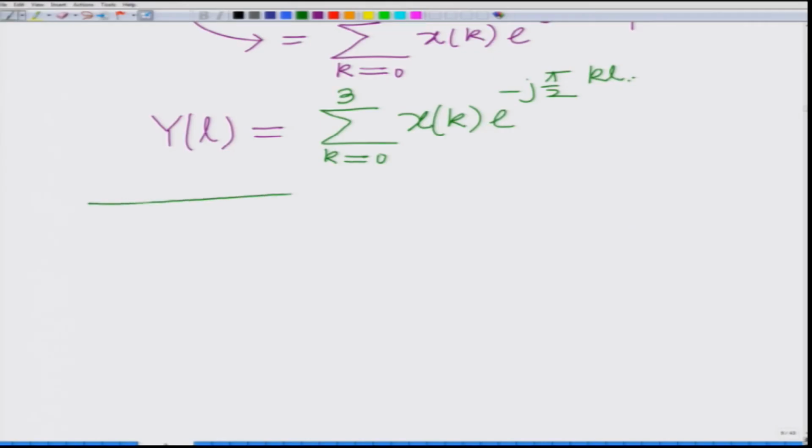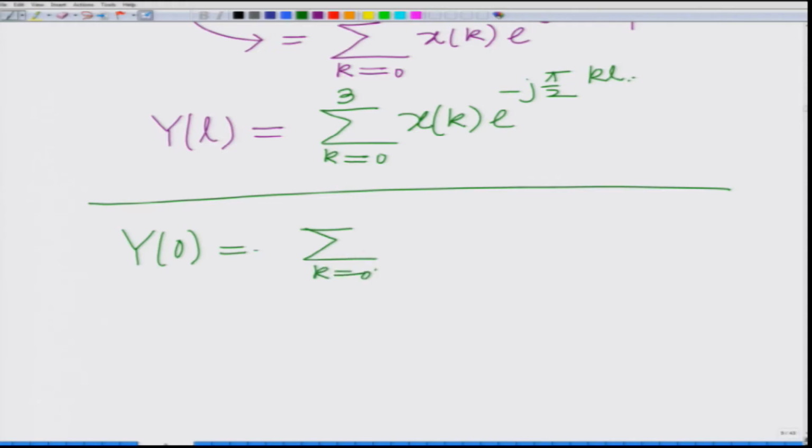All right. So now let us compute the output symbol Y0. Y0 is fairly straightforward, I substitute l equal to 0 above, yk e power minus j pi by 2 k times 0. So this quantity is 1 and that is very simple.